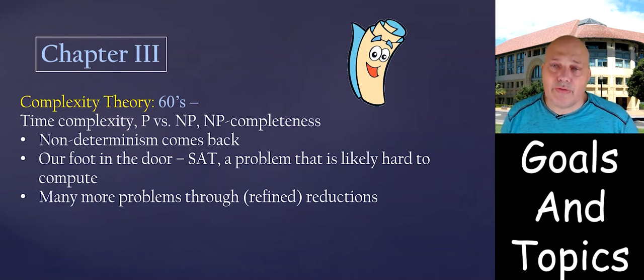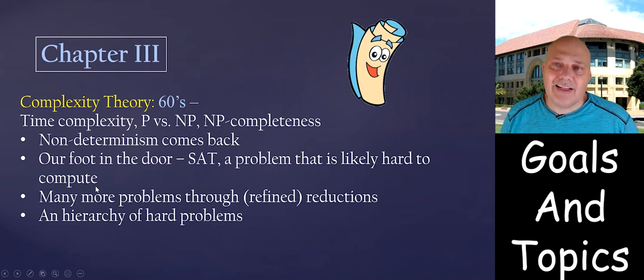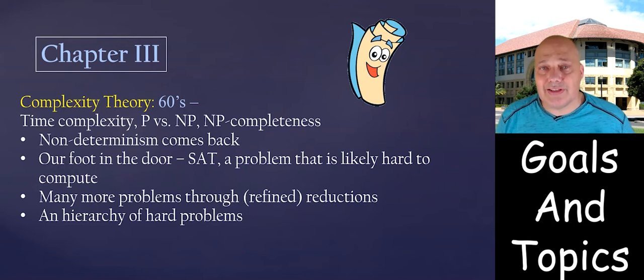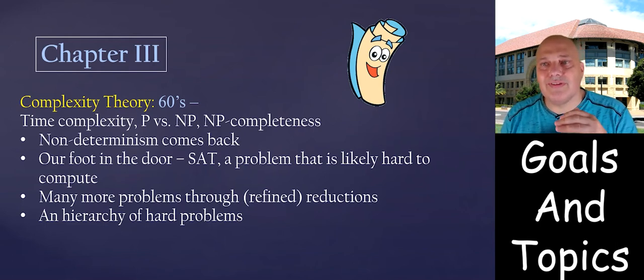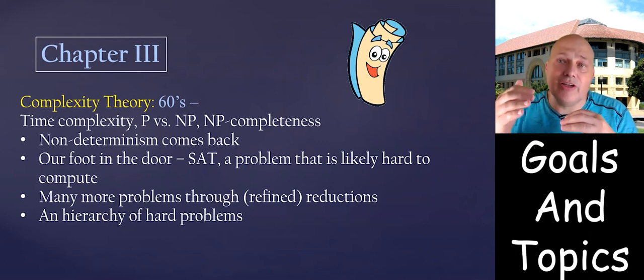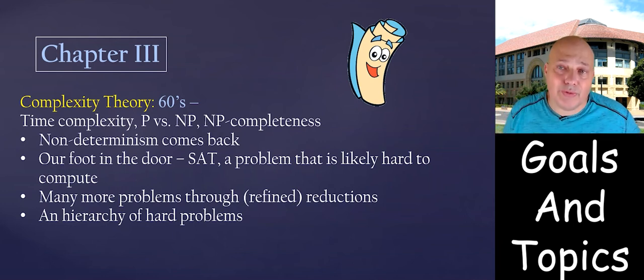Now it will be a refined notion of reductions, polynomial time reductions. And again, we will have a hierarchy of hard problems. All of the hard problems that we'll discuss here are problems that can be computed, but they cannot be efficiently computed, or likely cannot be computed efficiently. And for every problem that cannot be computed efficiently, probably we'll find one that's probably harder, even if that one could be computed efficiently.